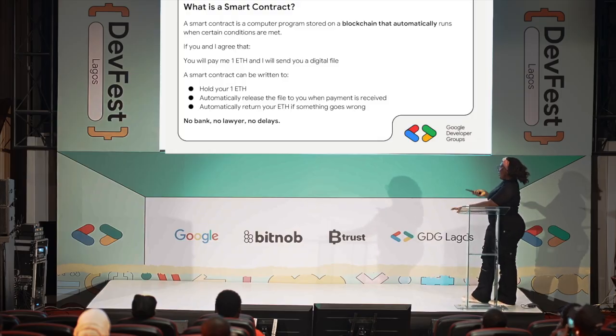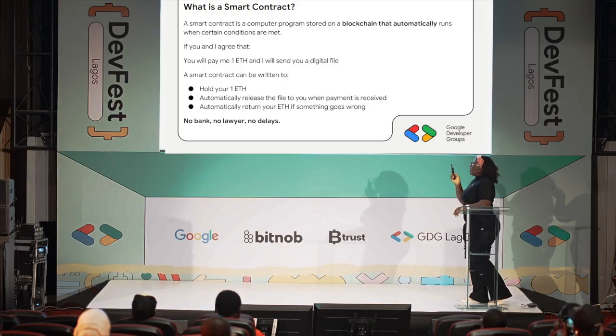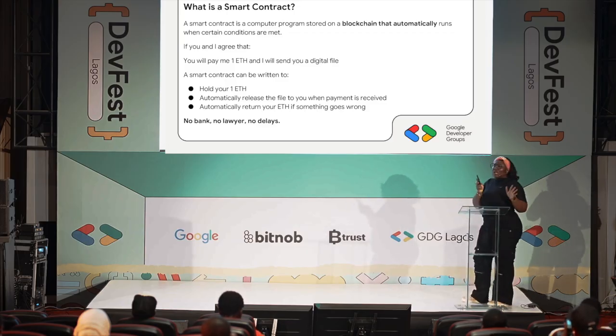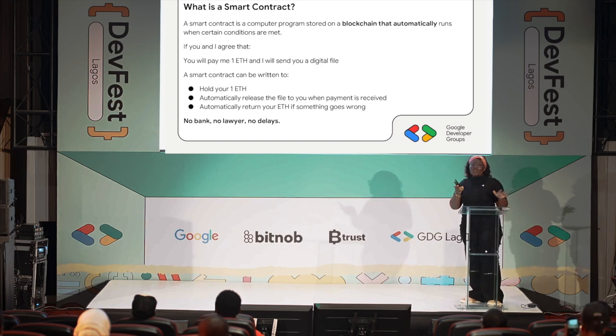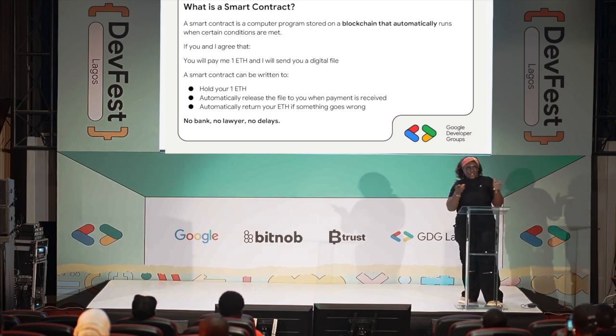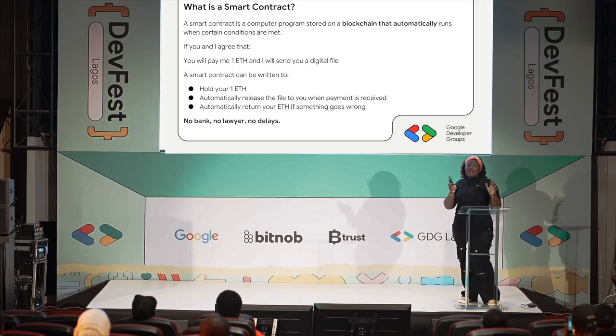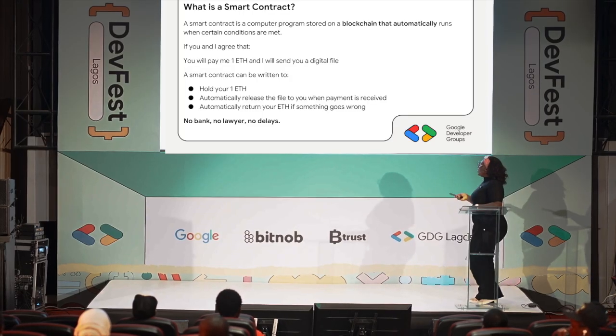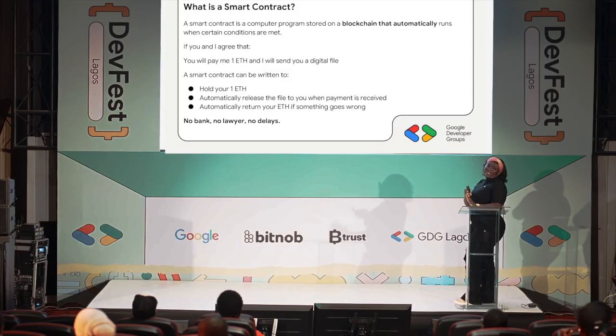This is automatic, and it's going to return your ETH, your funds, to you if something goes wrong. No bank, no lawyer, no delays. Of course, if you've heard the word blockchain before, by now you'll be able to understand what decentralization means and all of that, right? So that is just the typical or basic explanation of what a smart contract is.